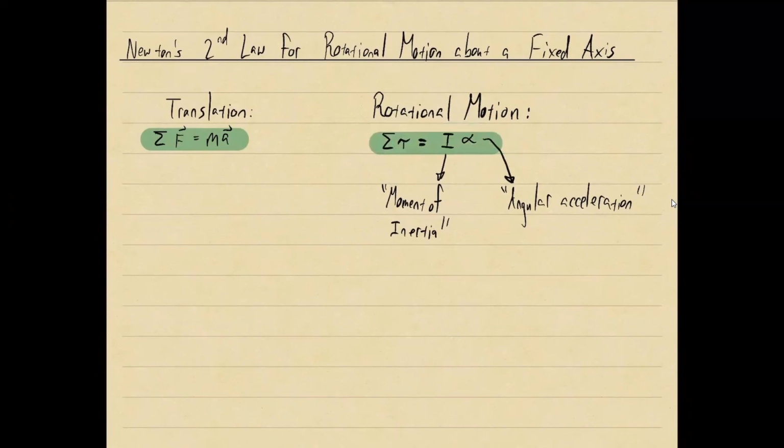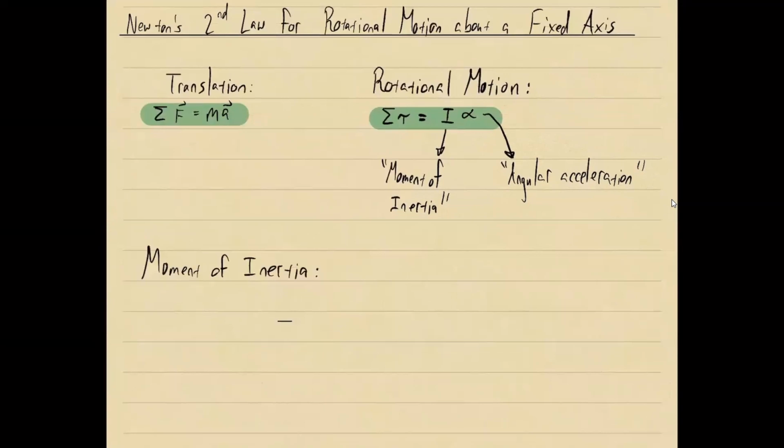And so here, let me define the moment of inertia really quick. Moment of inertia, like, how do we calculate it? Well, the moment of inertia is just going to be equal to the sum, you add up all of the different point particles of mass m, and you multiply that by how far away they are from the axis of rotation, squared.